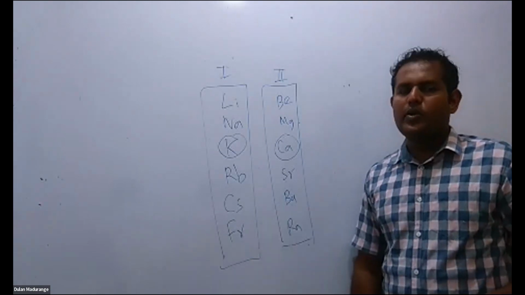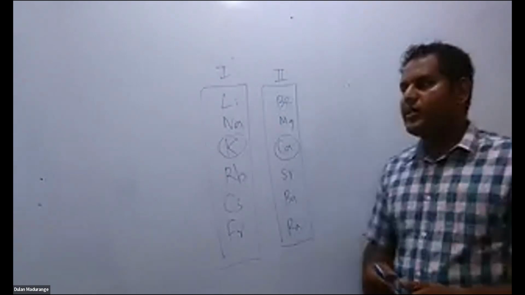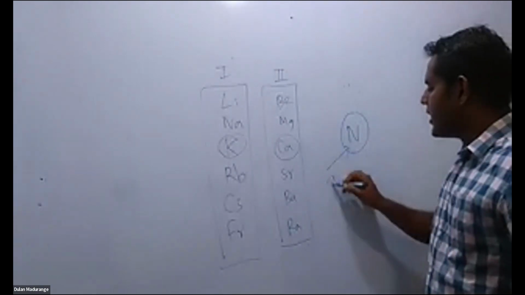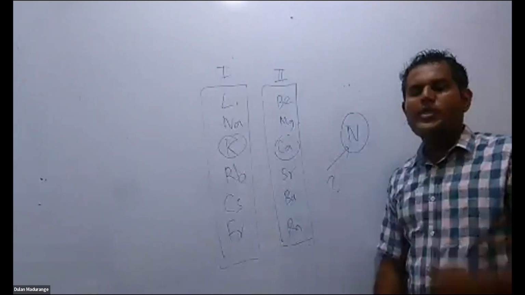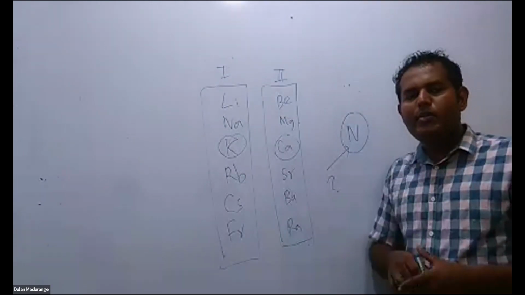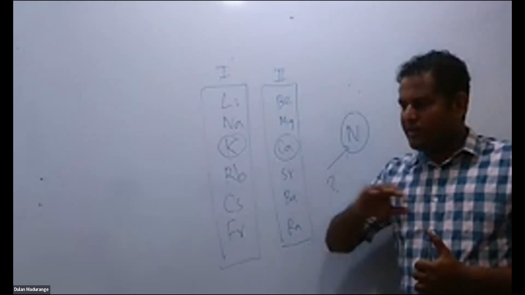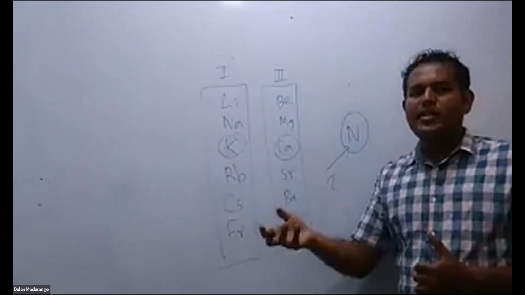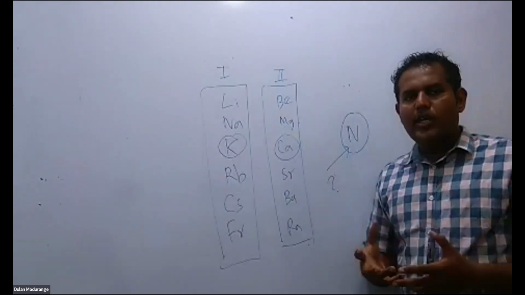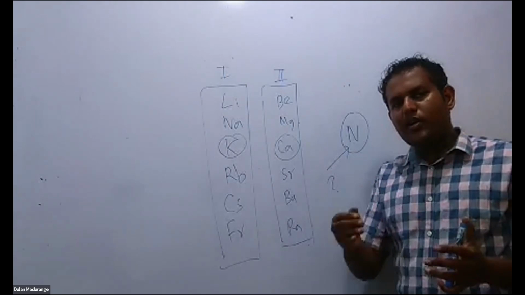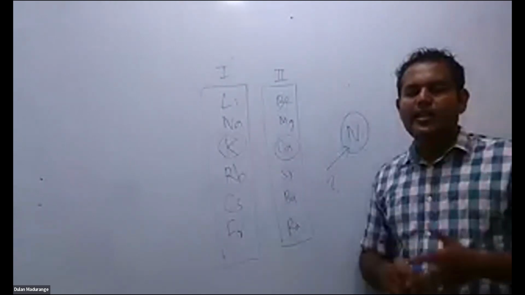And then P block elements. Let's take nitrogen. In the exam, if they ask why nitrogen is categorized under P block, what's your answer? Very simple. Write the configuration and select the block from the electron which is filling at the end.